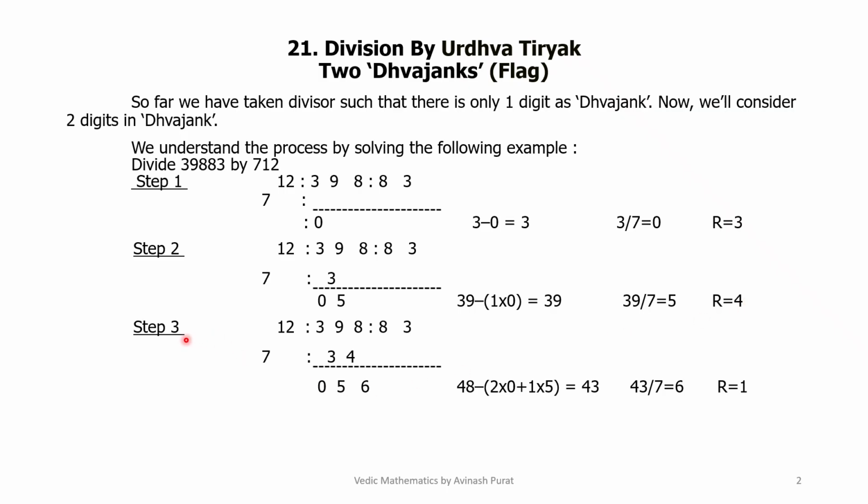Now third step, 48. 48 minus 2 into 0 plus 1 into 5 equals 43, and 43 by 7 equals 6, and remainder is 1.